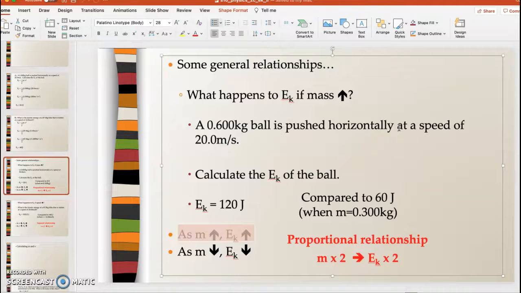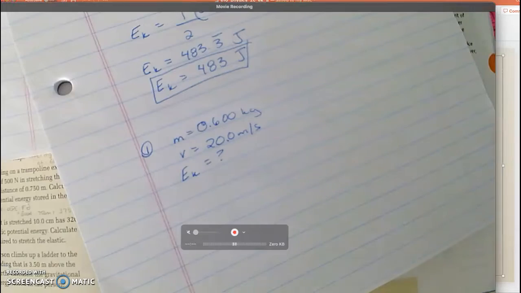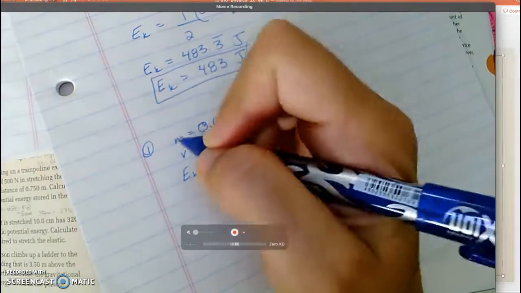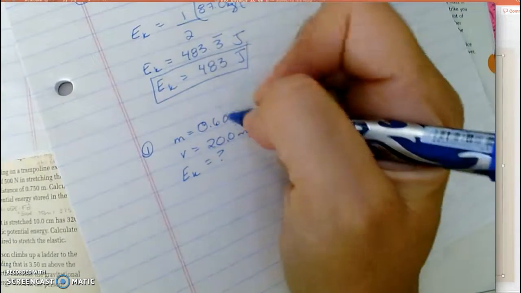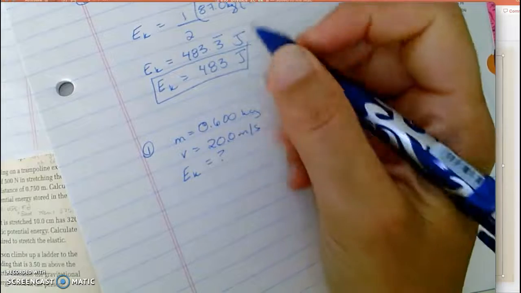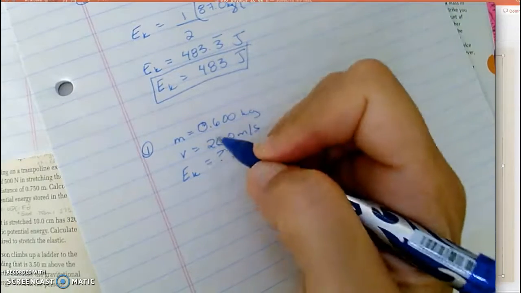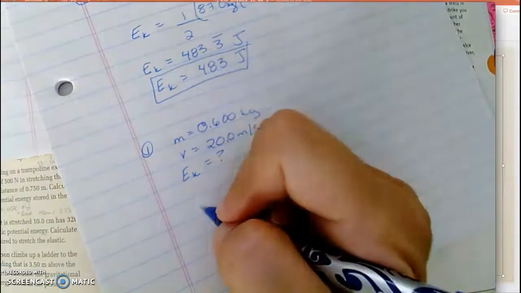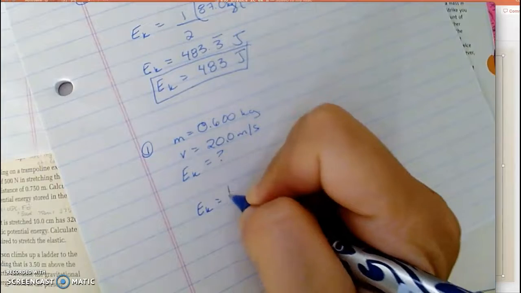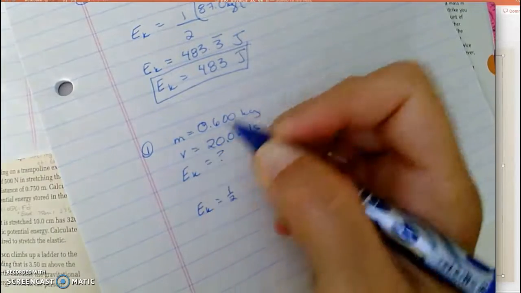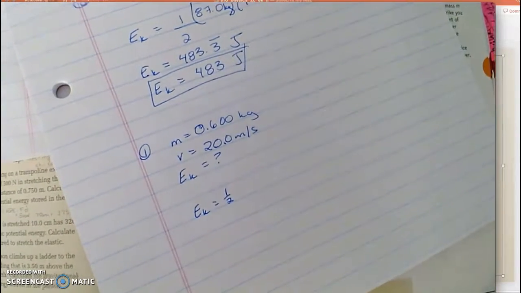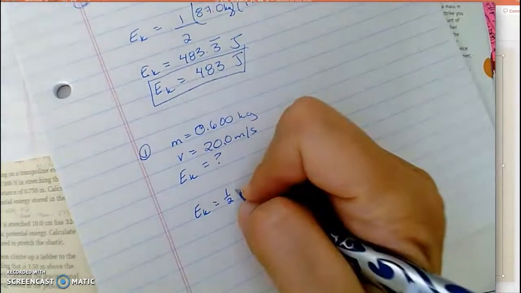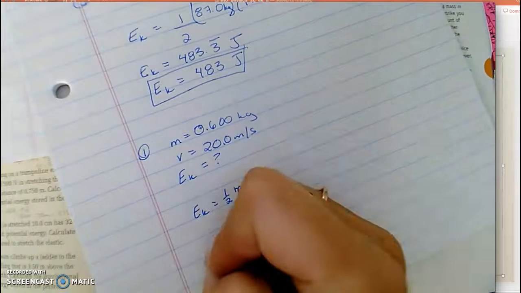They put the answers, but it doesn't show the work. So let's put our work. This was our mass, this was our speed. I feel like I always need to do all this work because otherwise I'm going to get it wrong again. Remember how I didn't square my speed at first? Really important.